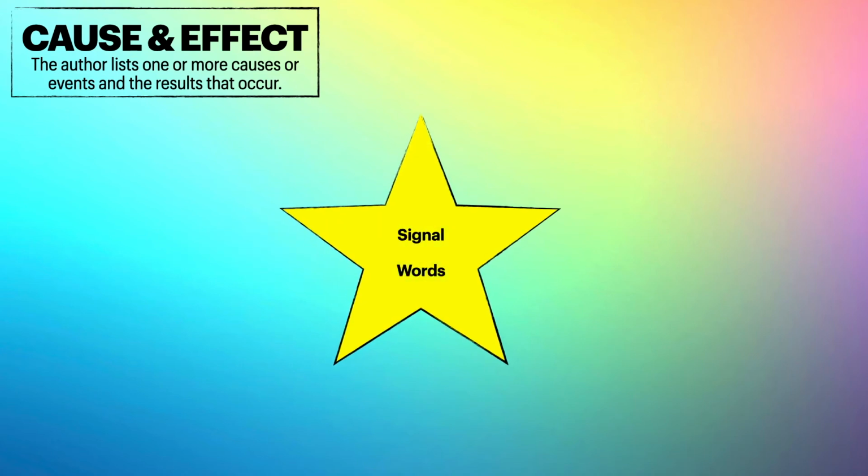In the cause and effect text structure, the author lists one or more causes or events and the results that occur. There are common words that are used in this text structure that will help you identify it as a cause and effect text structure.